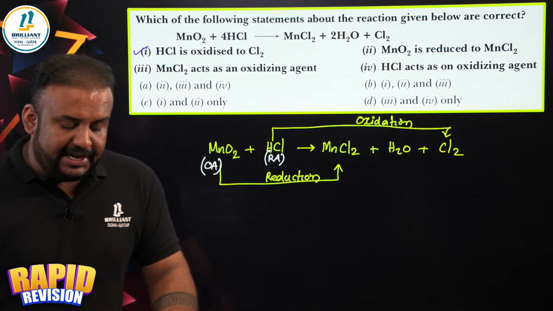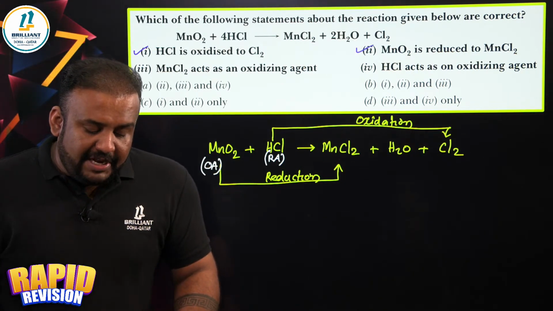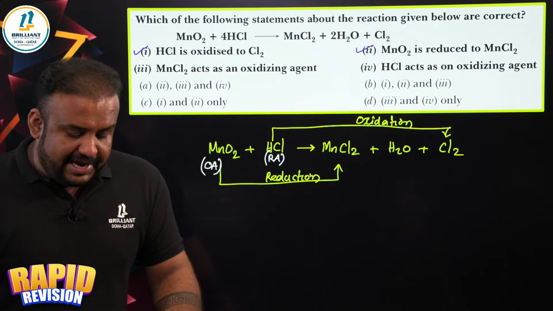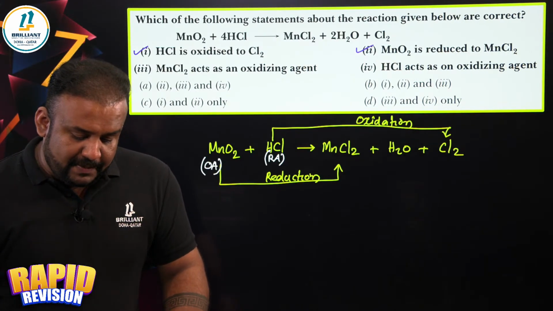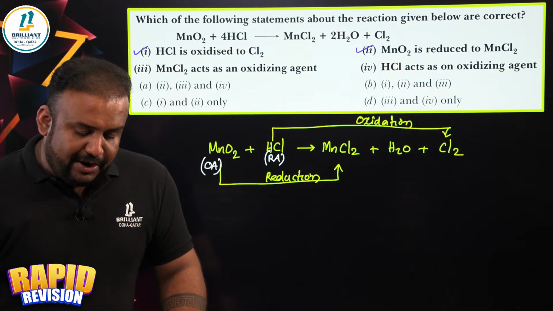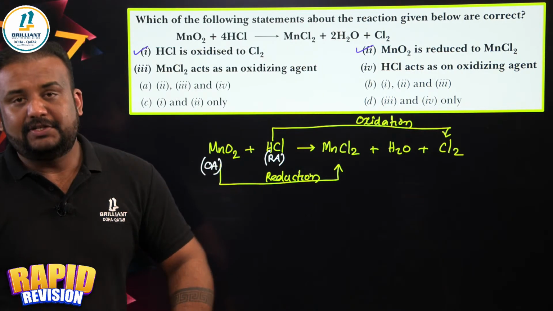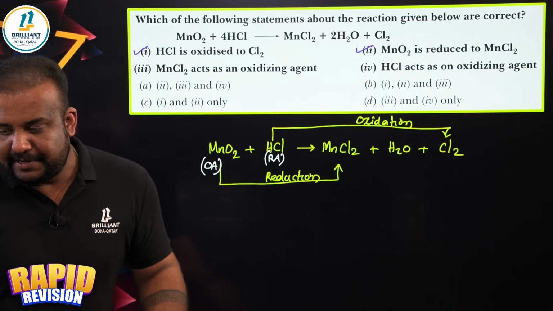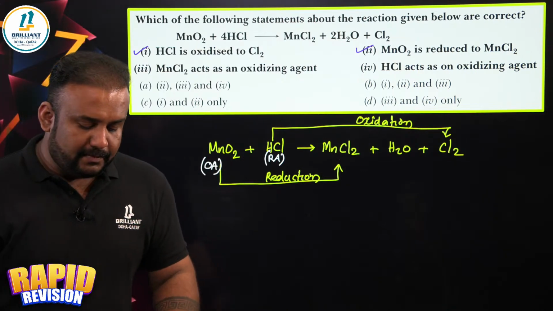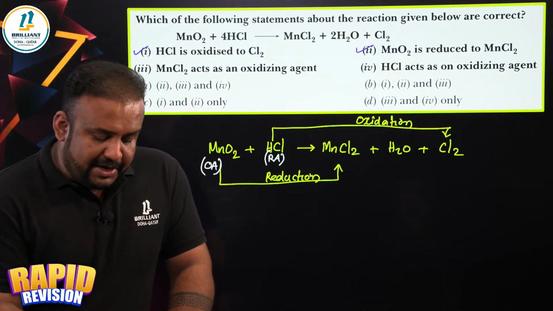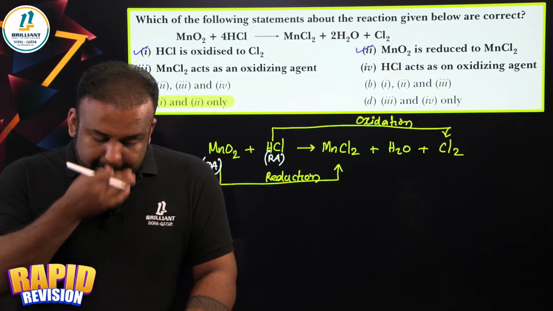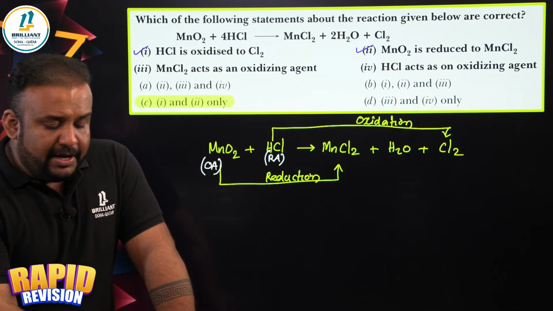MnO2 is reduced to MnCl2. That is correct. MnCl2 acts as an oxidizing agent. That is wrong. HCl acts as an oxidizing agent. That is also wrong. So which is the right answer? Yeah, you have 1 and 2 only which are correct. Look at this.